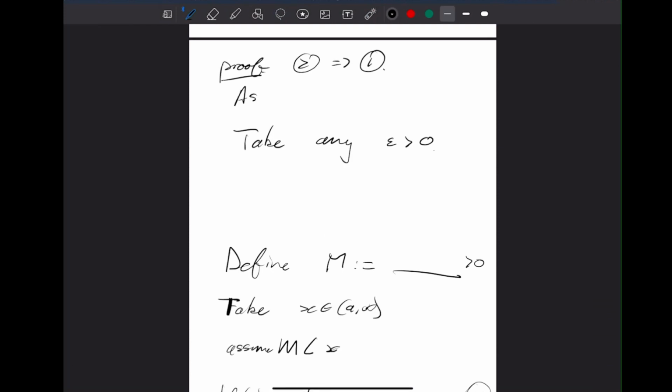So we will assume 2, and remember epsilon we should think of it as a small positive number. So 1 over epsilon is a large positive number. So we will use 1 over epsilon for e in our assumption 2.